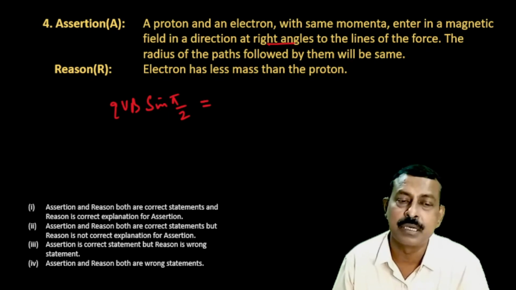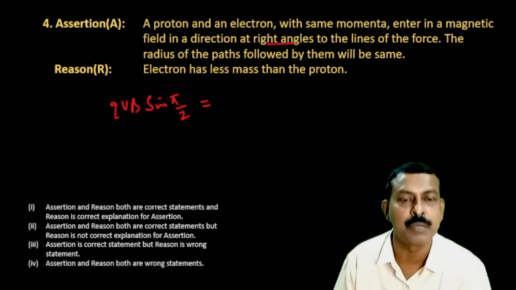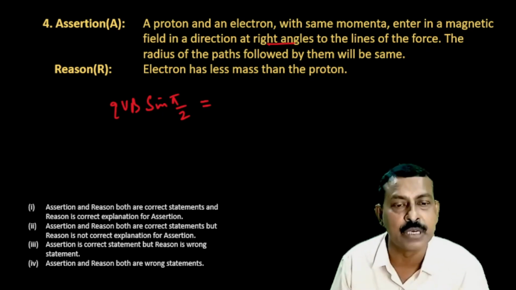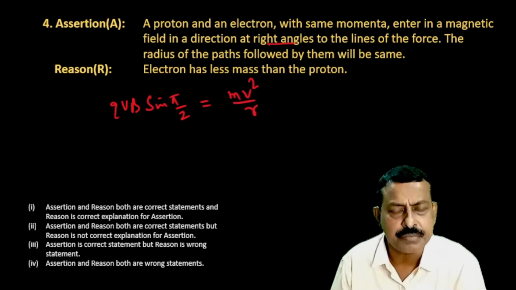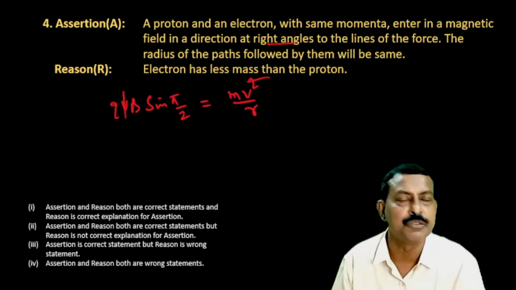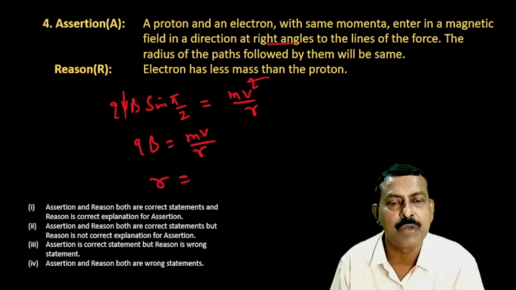This force provides the necessary centripetal force, because the magnetic field and velocity are perpendicular, so the path will be circular. So this will be mv square by r. The v will cancel with the v square term. Now QB equals mv by r, or r equals mv by QB.